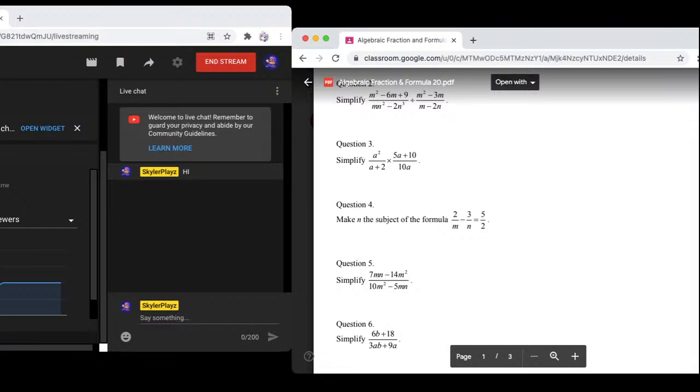Okay, and then change the subject of the formula. 2 minus 3 over n equals 5 over 2. As always, we do 2n minus 3m over mn is equal to 5 over 2. Oh, a bit wrong here.